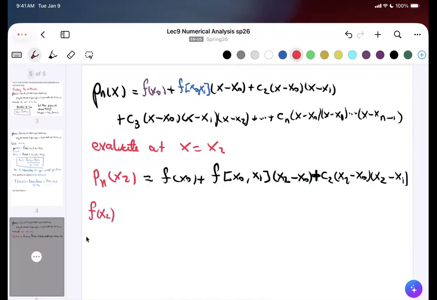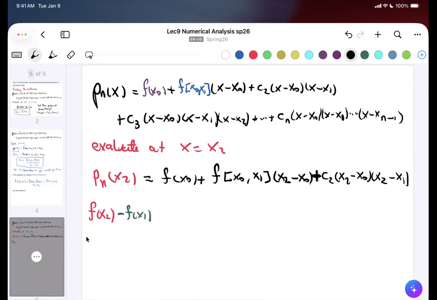F of x2, right? And then, to do it in the way that I found easiest to explain how to find the formula, I'll subtract f of x1 from both sides of the equation.